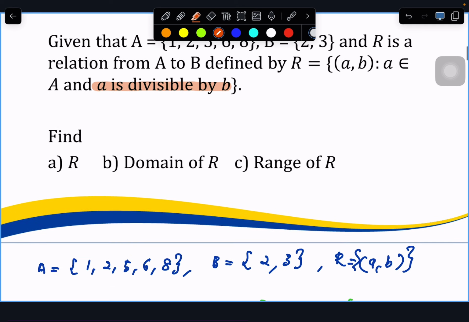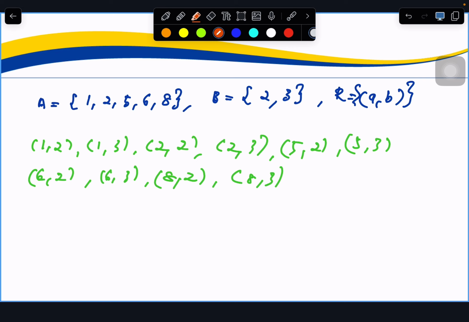So now you have to check. It says A is divisible by B. Basically A divided by B, remainder is 0, or A divided by B, you get a whole number. Okay? So out of these 10 possible pairs, we check one by one. So this one, 1 divided by 2, do we take it or not? Why?